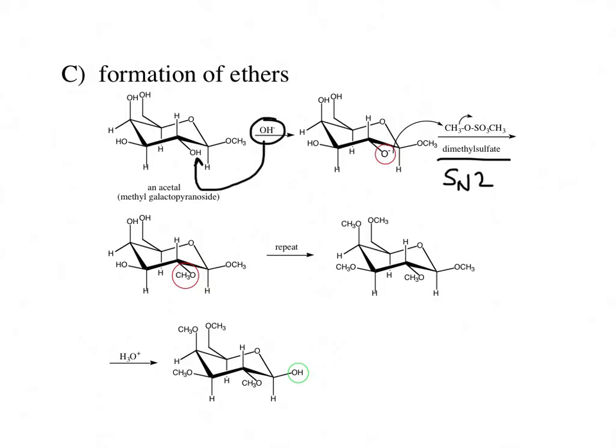And once you are completely done, you end up with this bottom one, where every single OH that was normal, that was not an acetal, has an OCH3 on it. Every single one. So those are all equivalent. Those OHs that I have in black are all ethers. There's nothing real special about them.